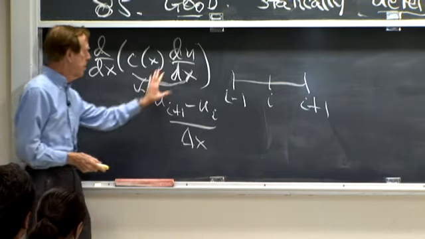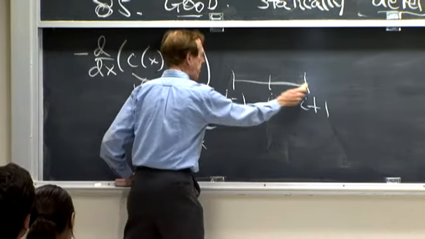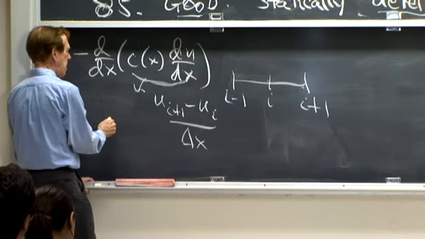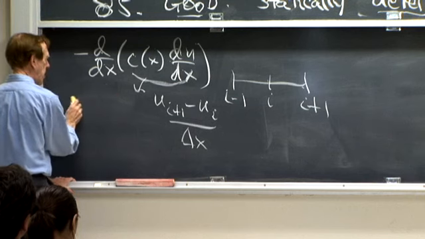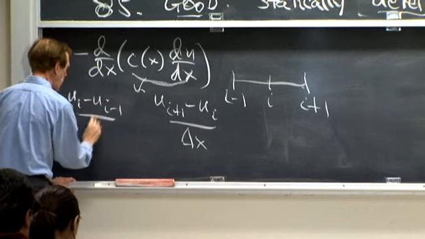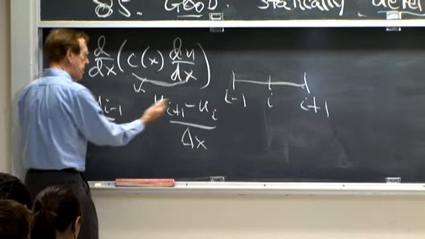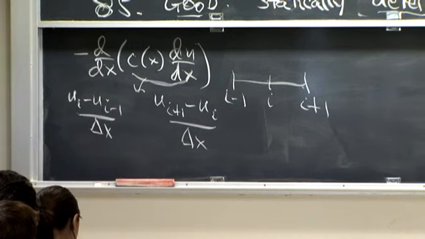So this takes this difference, and then this one will take that one, and then I'll also have u_i minus u_{i-1} over delta x, and somehow it'll be the difference of these differences. But now tell me again, what would be the really cool choice of c?